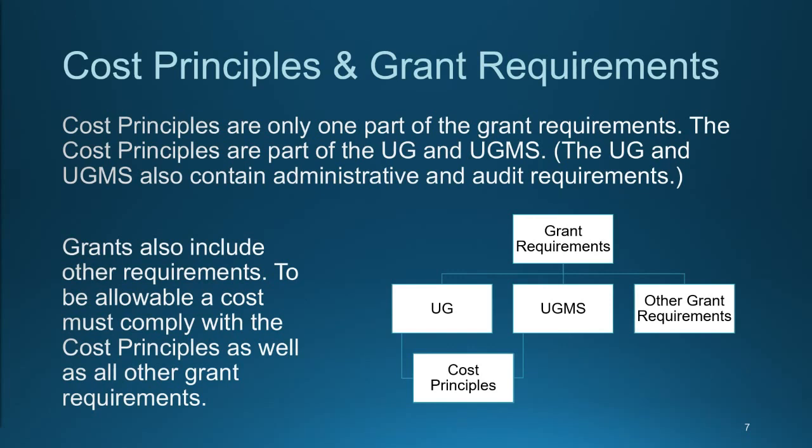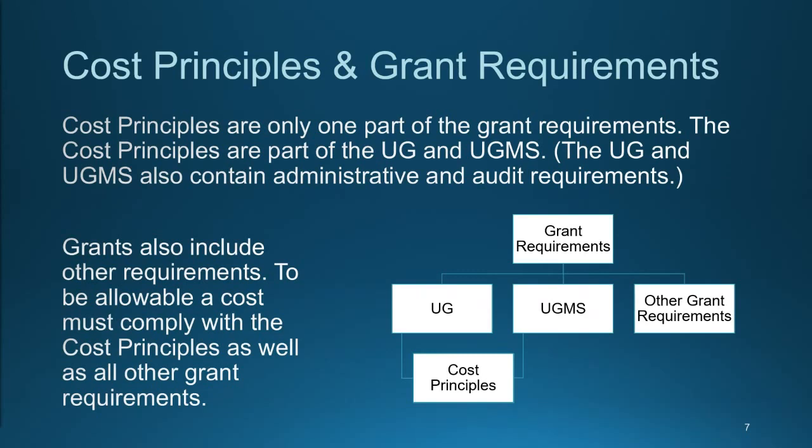So that's the federal piece. That's the Office of Management and Budget. And then at the state level, we also have UGMS, Uniform Grant Management Standards, and this is published by our state comptroller's office. Both of those, the UG and UGMS, have a lot of overlap and similarities.